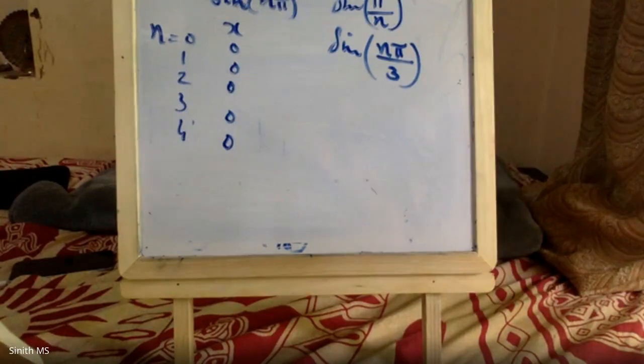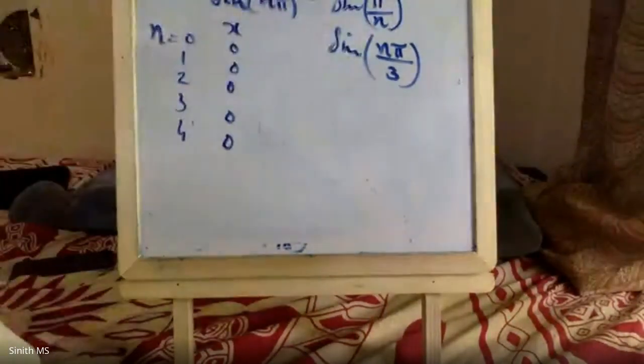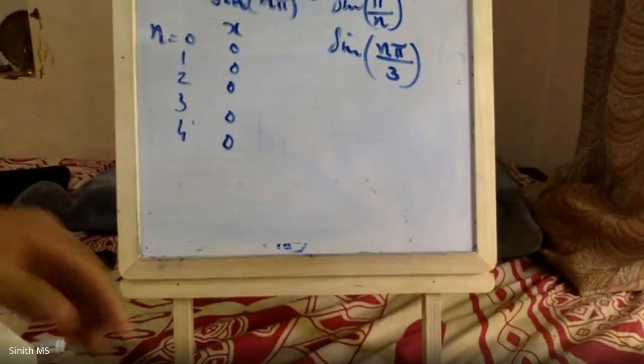Sine pi by n and sine n pi by 3. Is the first signal periodic? Ashwin is telling that the first signal is periodic. Ashwin, can you explain why it is periodic?